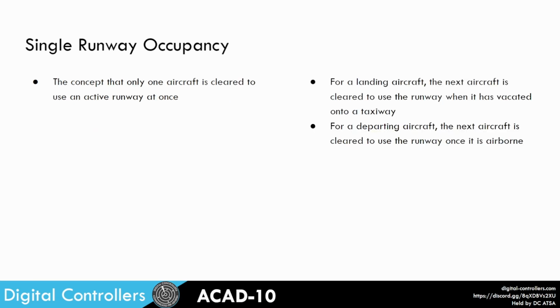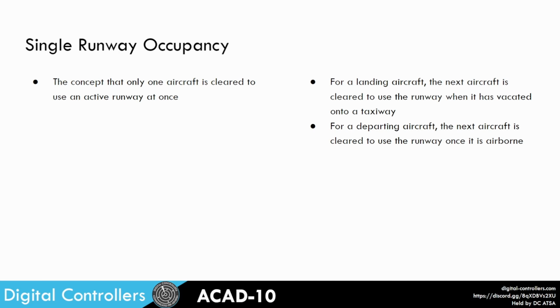So let's have a look at single runway occupancy. This is the concept where only one aircraft is cleared to use an active runway at once. For a landing aircraft, the next aircraft will be cleared to use the runway once it has vacated onto a taxiway. And for a departing aircraft, the next aircraft is cleared to use the runway once it is airborne.